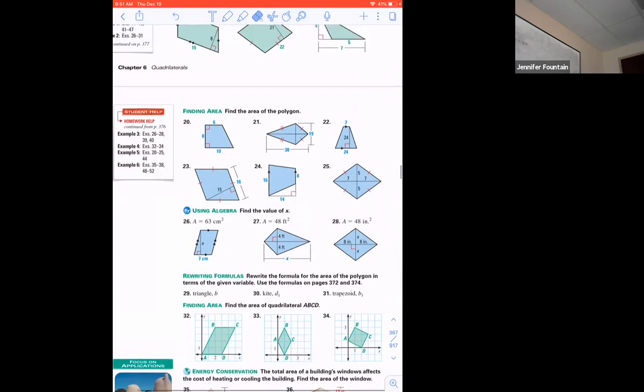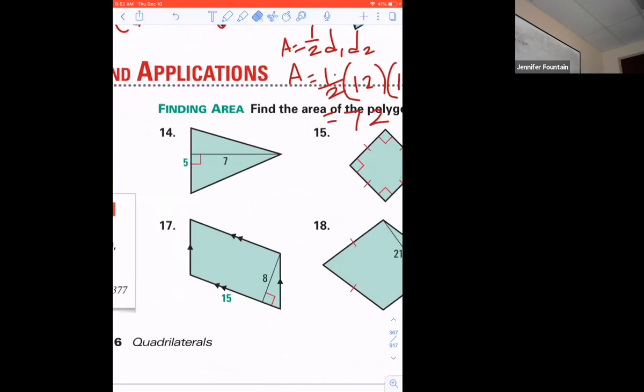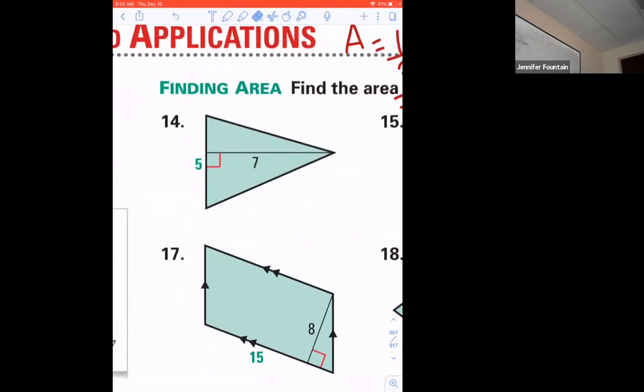All right, so let's look at number 14. What kind of shape do I have? A triangle. What is my formula for the area of a triangle? A equals 1/2 BH.